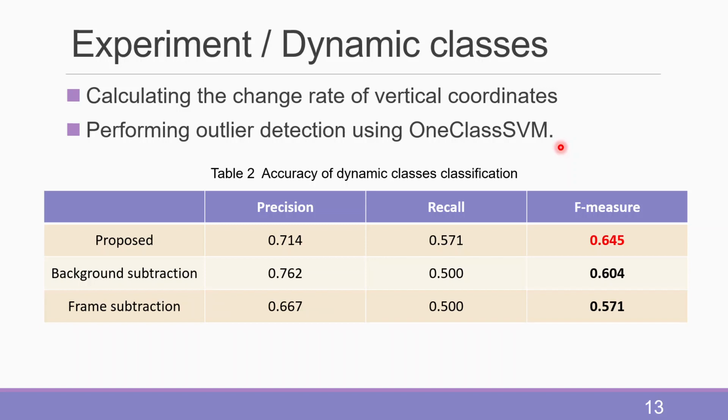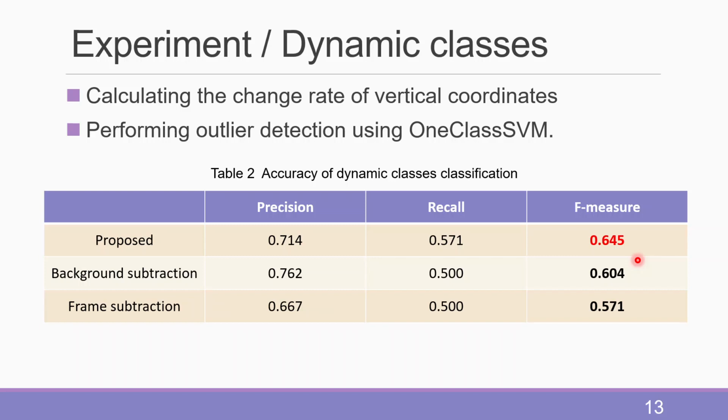This table shows the experimental results. Comparing the F measures, it is confirmed that the accuracy of the proposed method is higher than that of the conventional method. Shadows of cats are sometimes reflected in the difference images obtained by the background subtraction method.